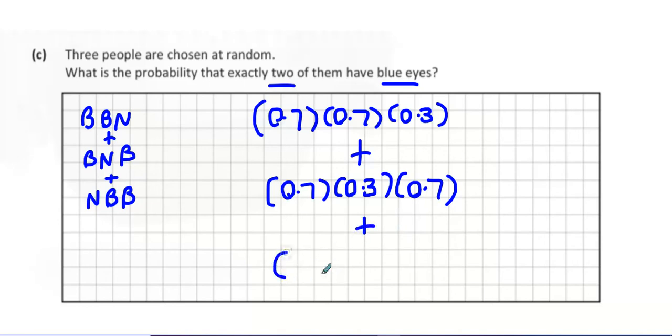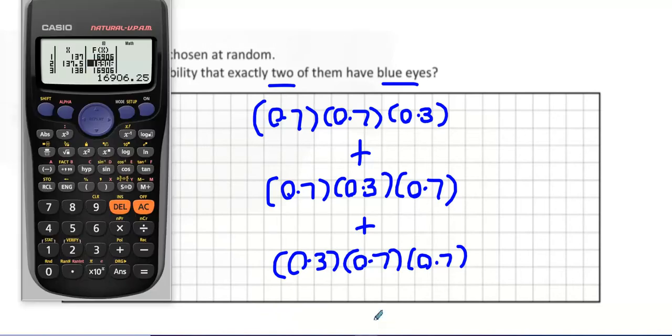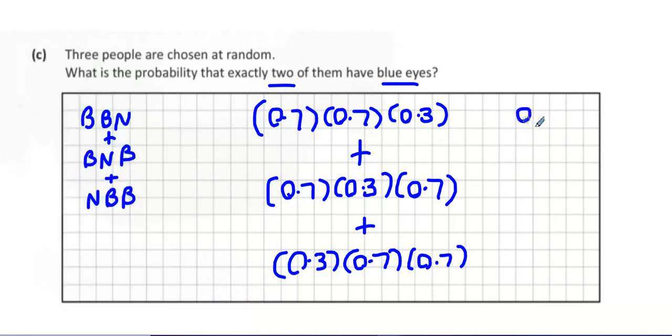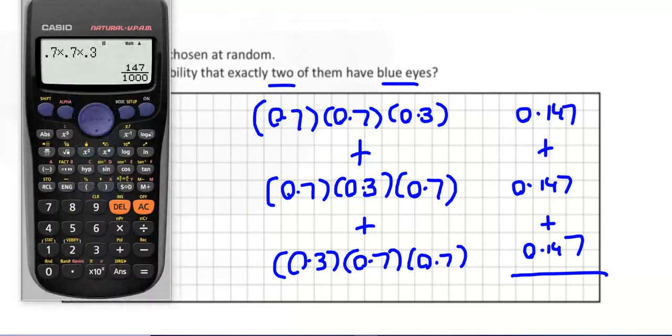And finally, not blue, blue, blue would be 0.3 by 0.7 by another 0.7. Now you can see they're actually the same number each time. It's 0.7 by 0.7 by 0.3, blue eyes, blue eyes and not blue eyes, is 147 over 1,000, or 0.147. So they're actually all 0.147s. So essentially you're going to multiply this by 3, and you get 44.1% or 0.441.